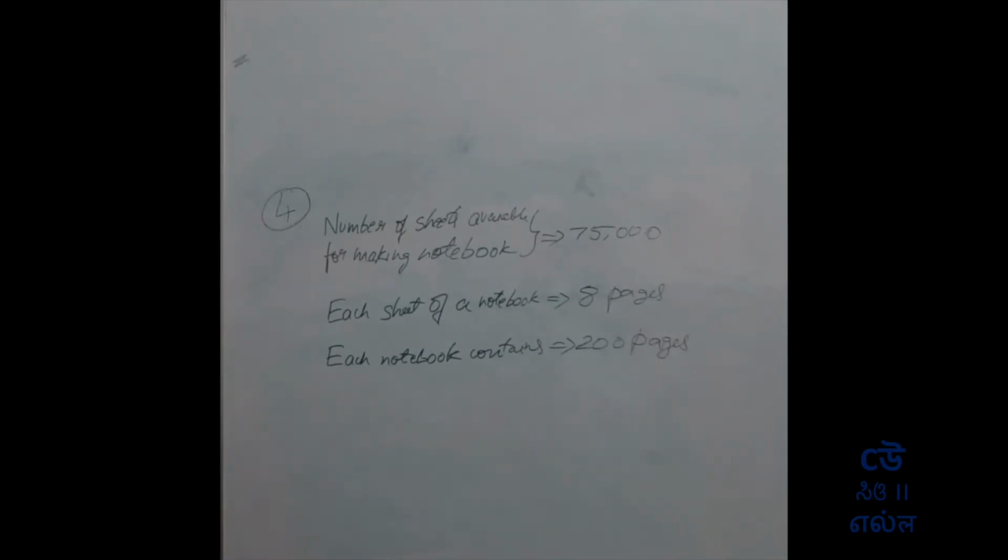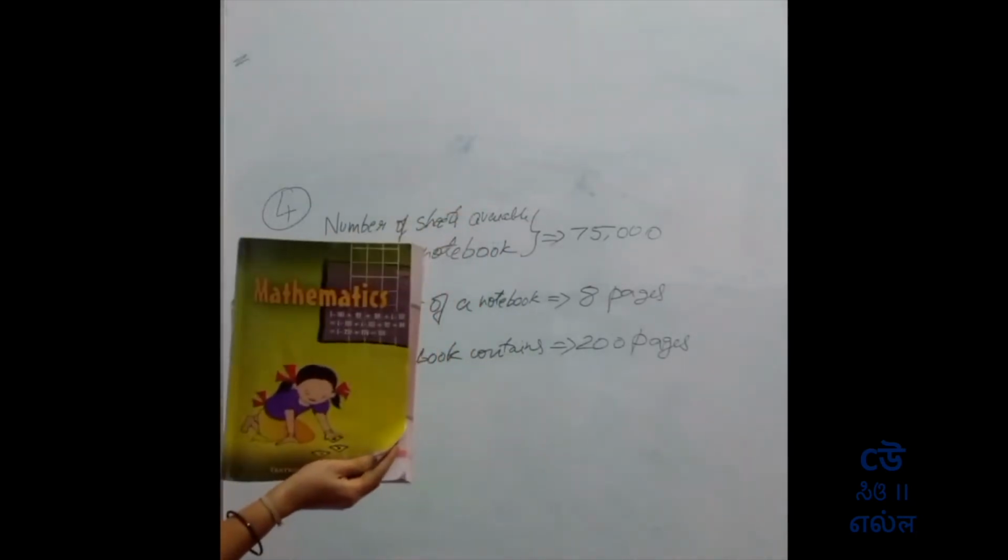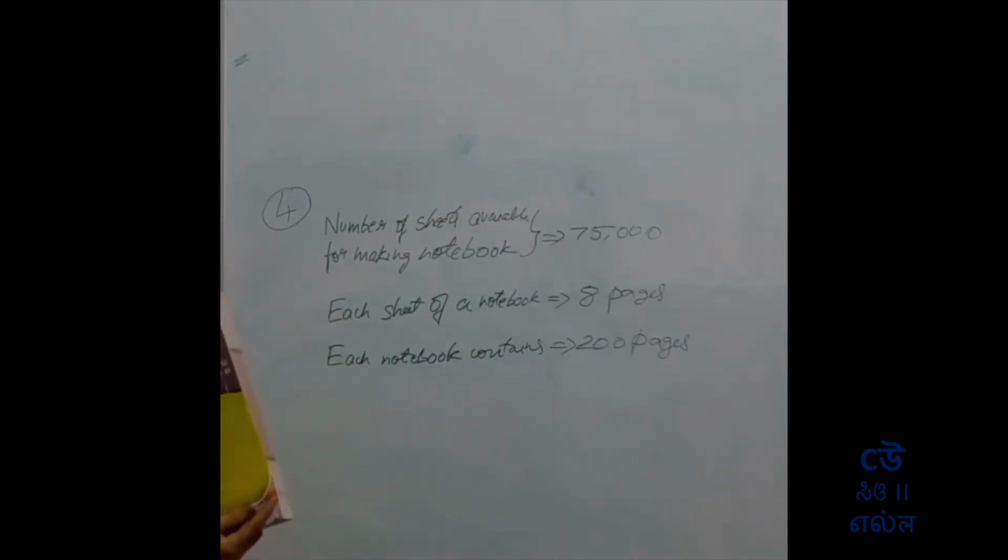So in the question, they have given the number of sheets available for making the notebook. See, consider this is a book. To make this book, a shopkeeper wants to manufacture a book. The condition they have given is that it should be a 200 pages book.